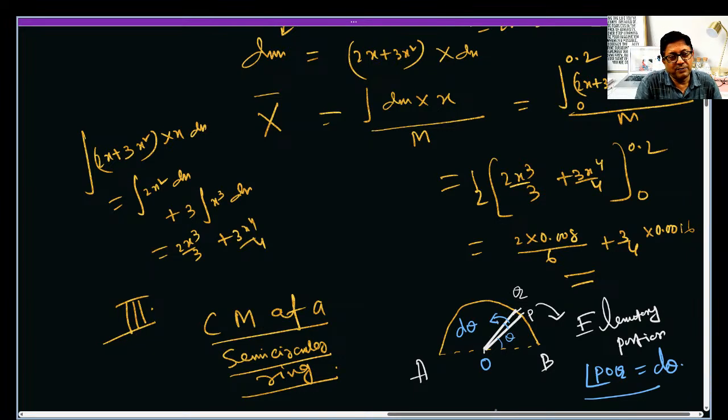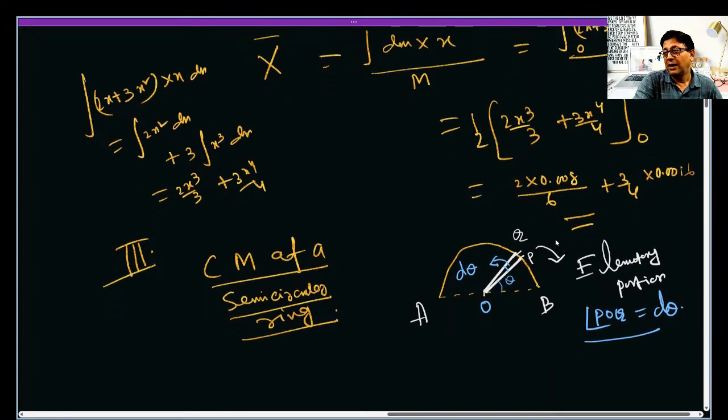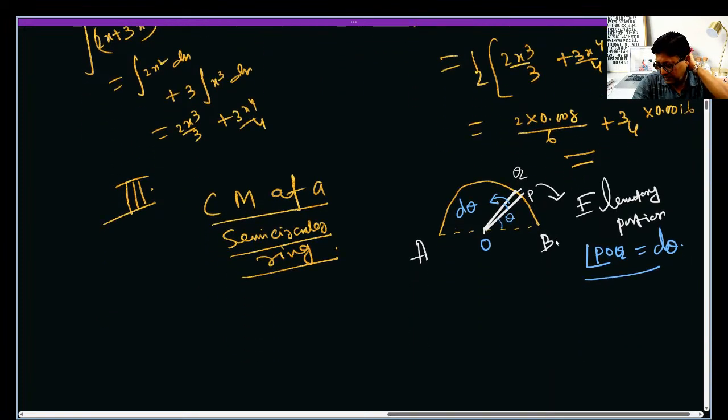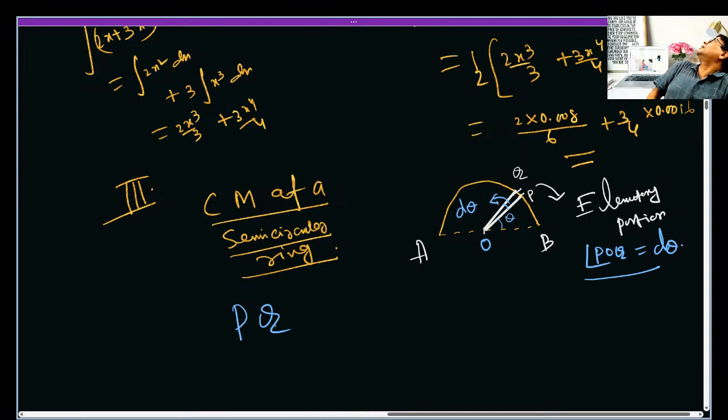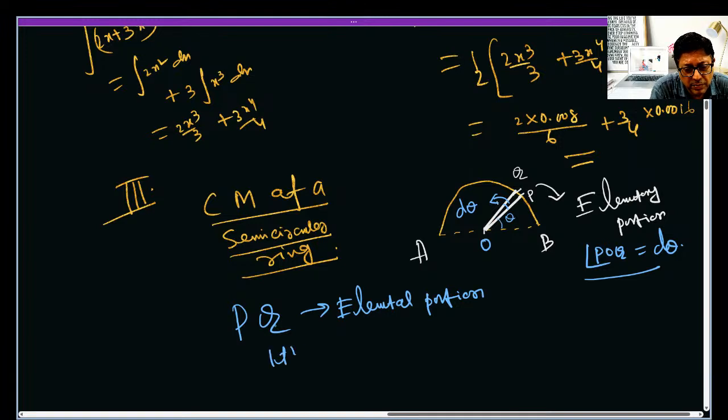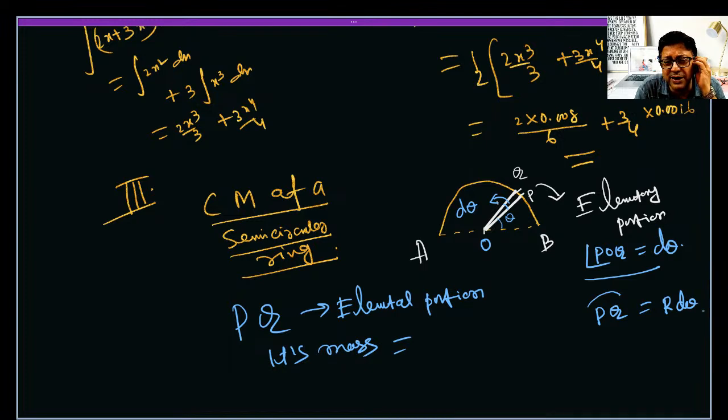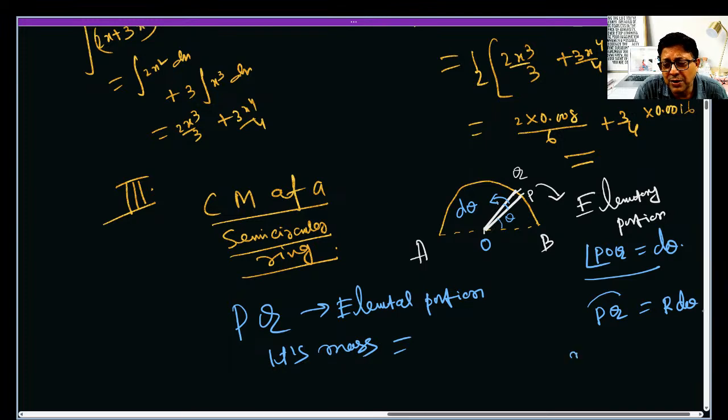What is the mass of the elemental portion? Total mass given and radius given. PQ is the elemental portion. Its mass equals what? Write the PQ length. What is the length of PQ? R d theta. You all have done trigonometry, S equal to R theta relation is there. Mass per unit length is what?